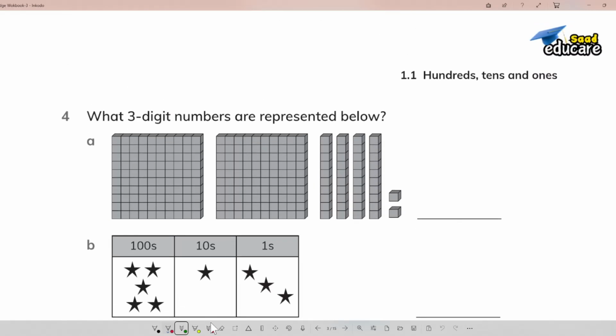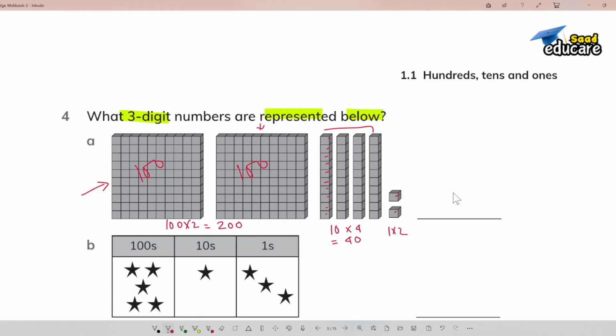Now, what 3-digit numbers are represented below? Look, here is a 100 square, and here is also 100. So this is 100 and 100, it means 200, and here is 10, 1 2 3 4 5 6 7 8 9 10. So here is 10 times 4, it means 40, and here is 100 times 2, it means 200, and here is 1 times 2.